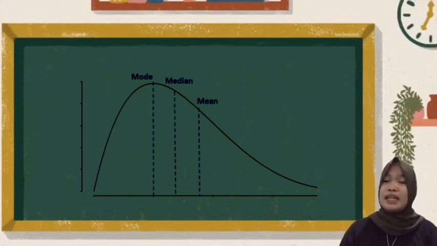So ang median is nasa gitna ng mean at mode. Doon natin ilalagay. So meaning, the mode is lower than the mean. And the median is also less than the mean. So meaning, in positively skewed, the mode is less than the median is less than the mean.